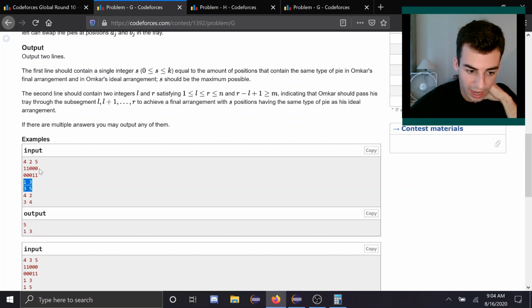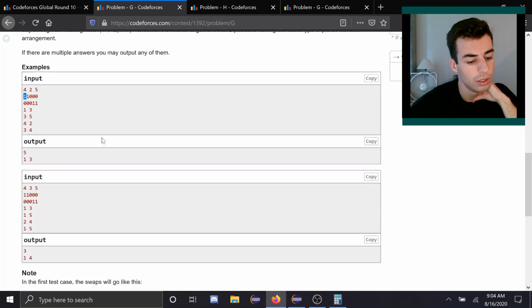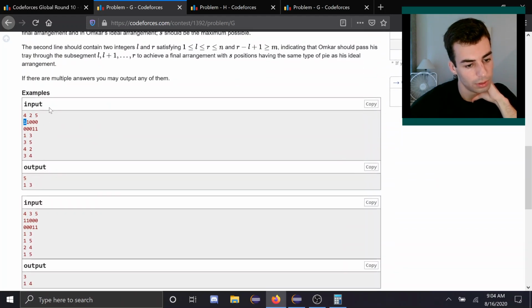So you swap 1 and 5, basically. Then you get 4 things to match. Oh wait, you swap 1 and 5 and 2 and 4, so you get 5 to match.